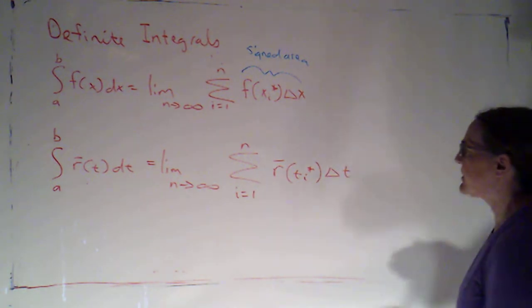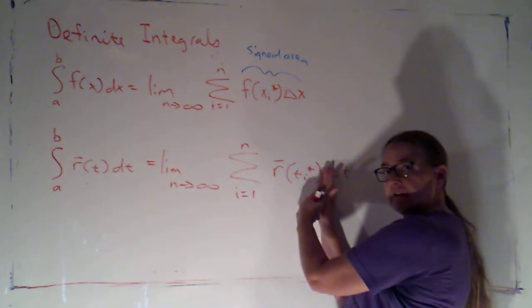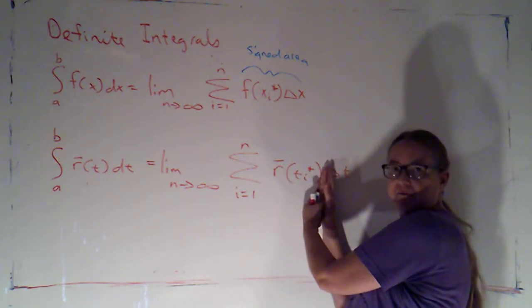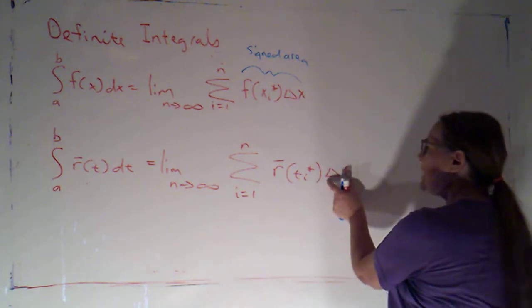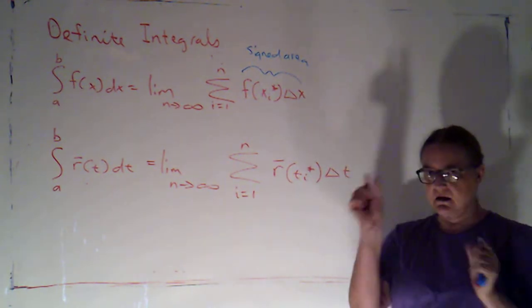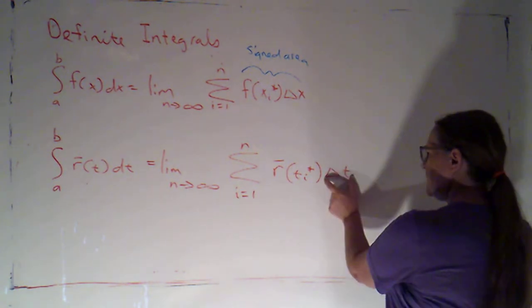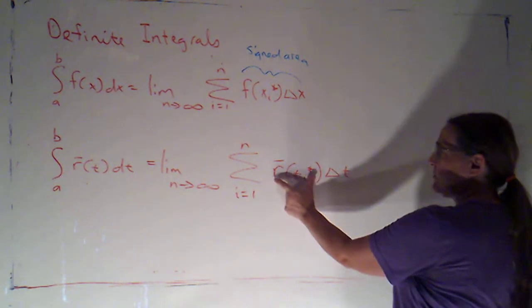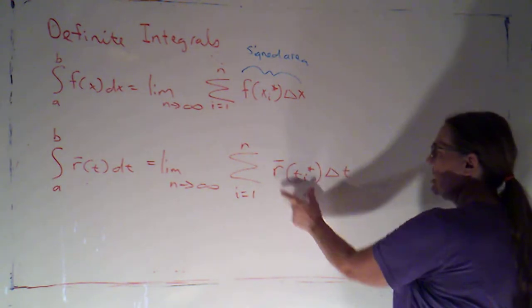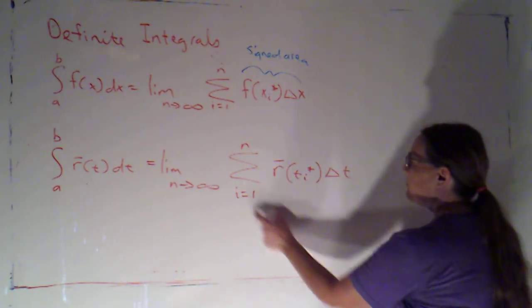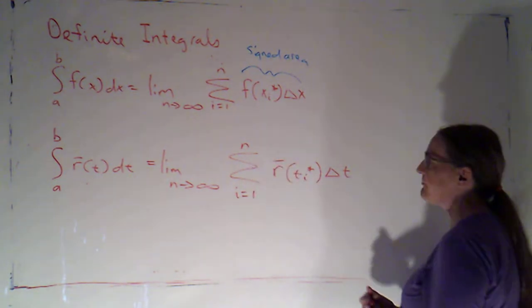So let's see. I could certainly evaluate my vector function at representative points. Delta t, that would be a number. That would be a short time interval. So this is really just a scalar by which we're multiplying this function. So generally when we've got scalars and vectors, we would write the scalar in front.